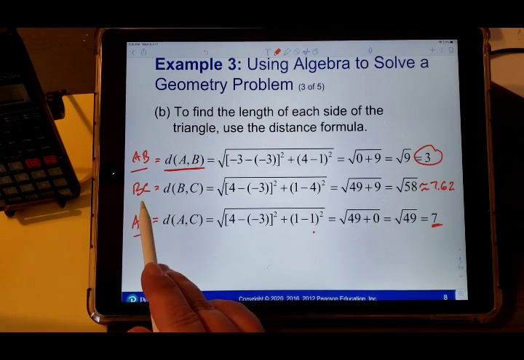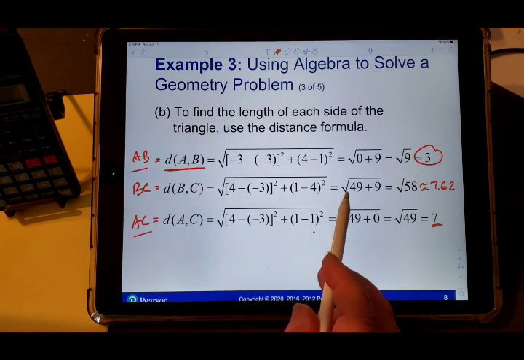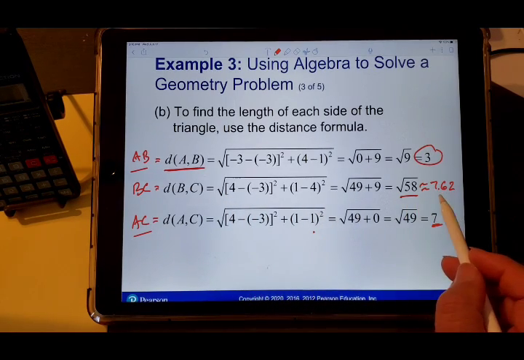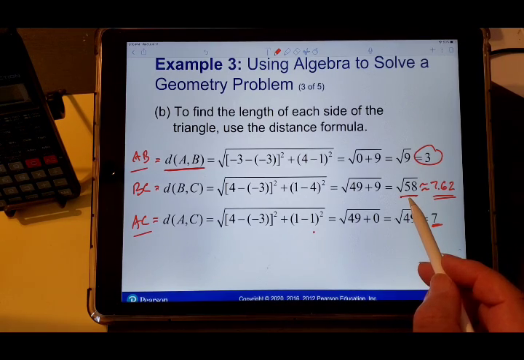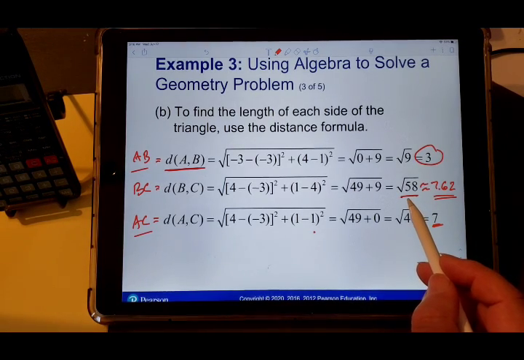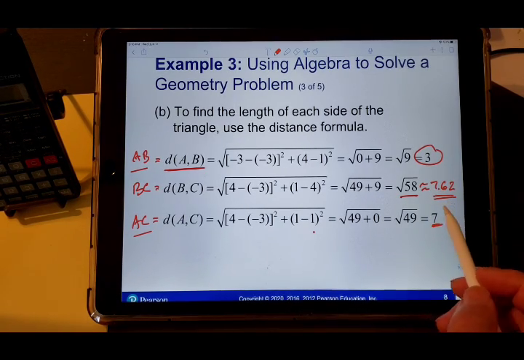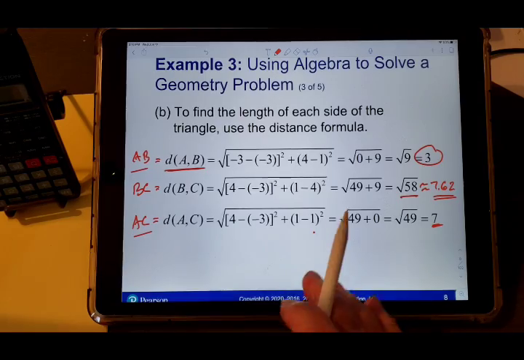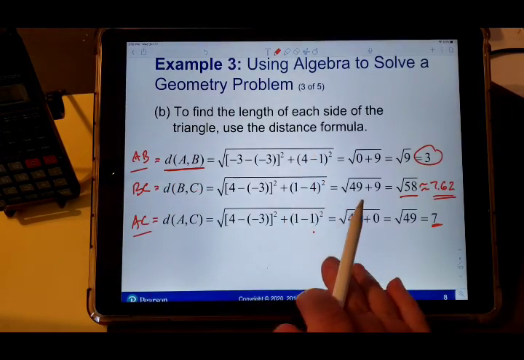So we need the distance formula. We put in the correct substitutions and we get the exact answer, and I went ahead and gave an approximate answer. But notice the author stopped at the exact answer. That's pretty telling. Exact answers are so important that the author didn't even bother giving us the approximation. All right, we found, part B was to find the length of each side.